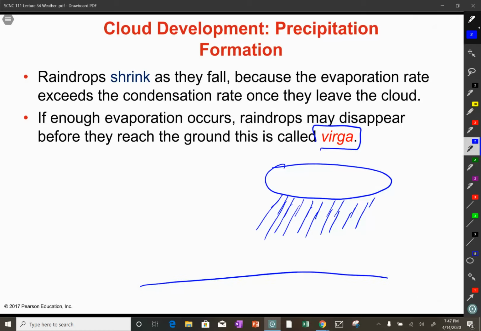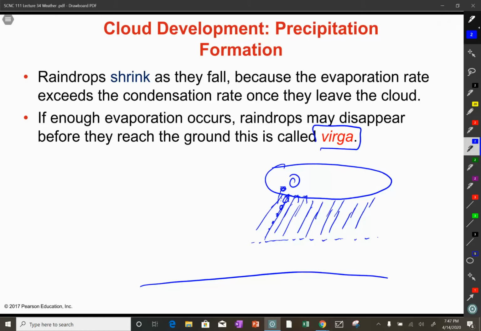What's happened is, as soon as the water droplets got big enough that the upward force of water droplets rising was not enough to keep them up, they started falling, and then they started evaporating. So you start with a big water droplet here, and as it drops, it's evaporating, getting smaller and smaller, until, in this case, it evaporated completely, and so down below this point, you no longer have droplets.